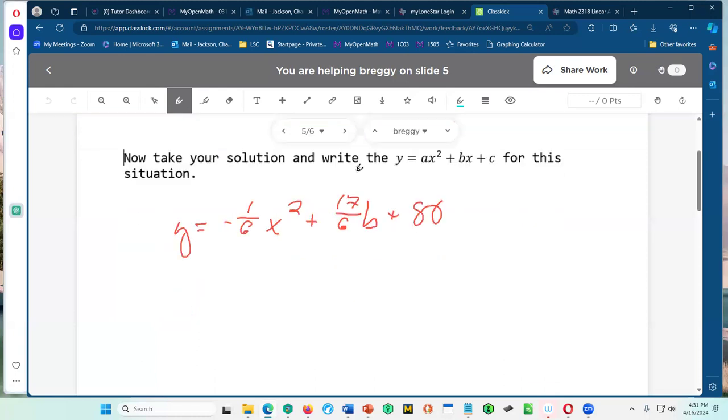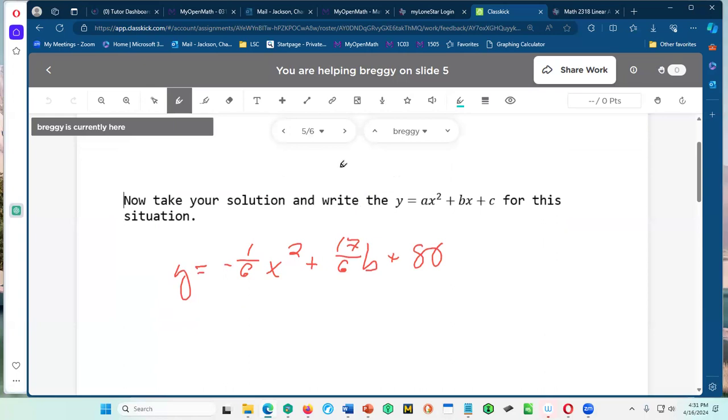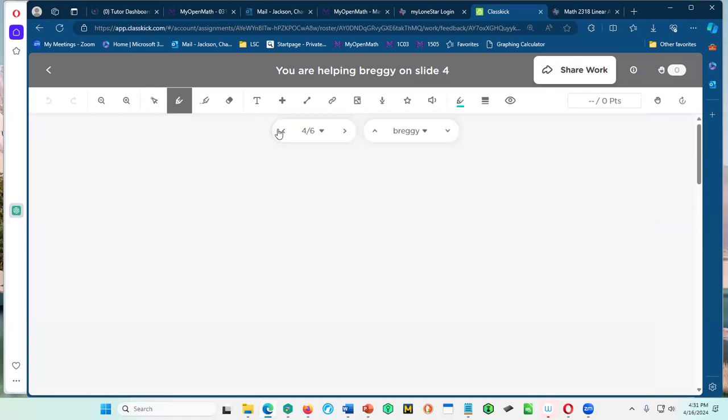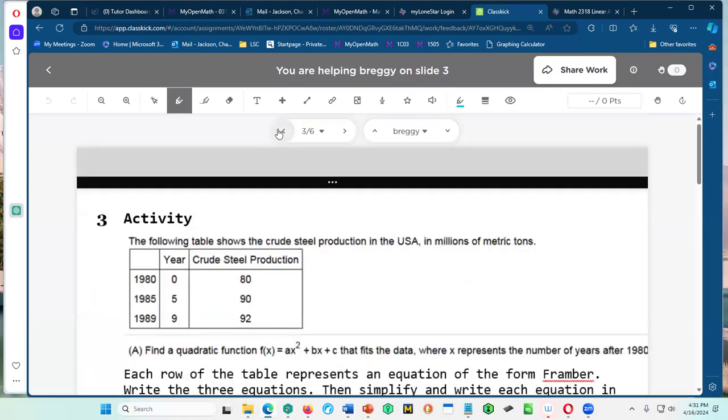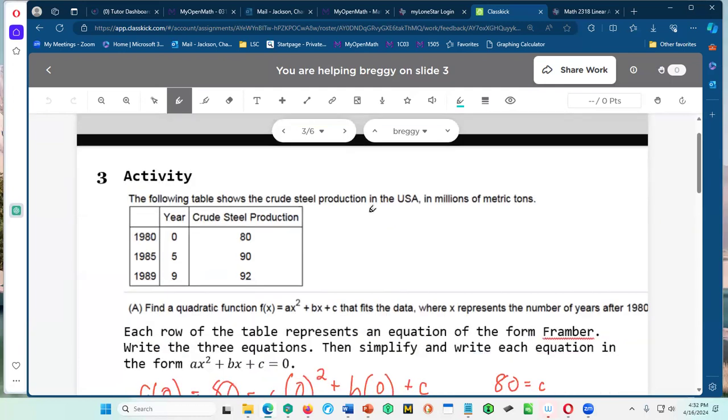Okay, awesome. So here's a model for this situation. Crude steel production in the US. It'd be interesting what the data would be after 1989.